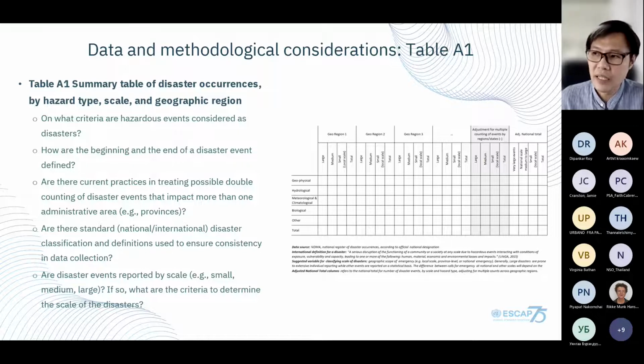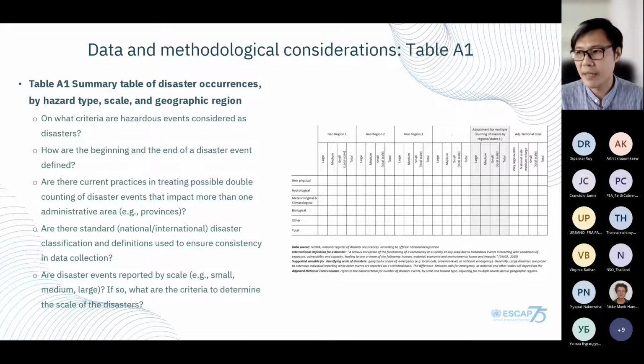For instance, if data are collected bottom up, meaning the collection happens on the ground on a provincial basis and is then aggregated up to the national database, and one disaster impacts two or more provinces, province A may report that there is one disaster, and province B may also report one disaster in their area, which happens to be the same disaster. It just covers more than one administrative region.